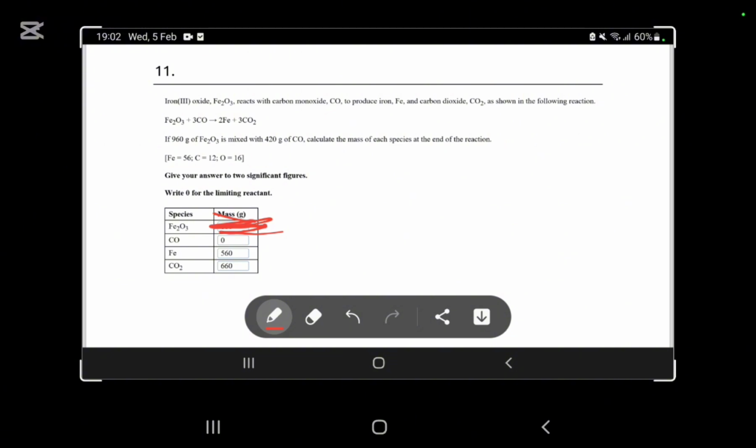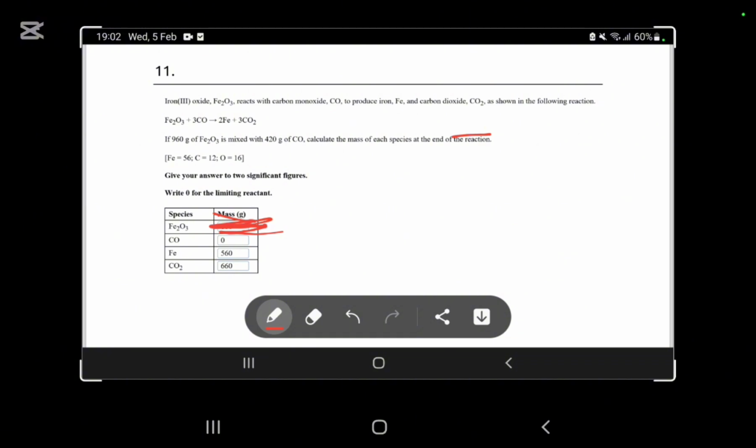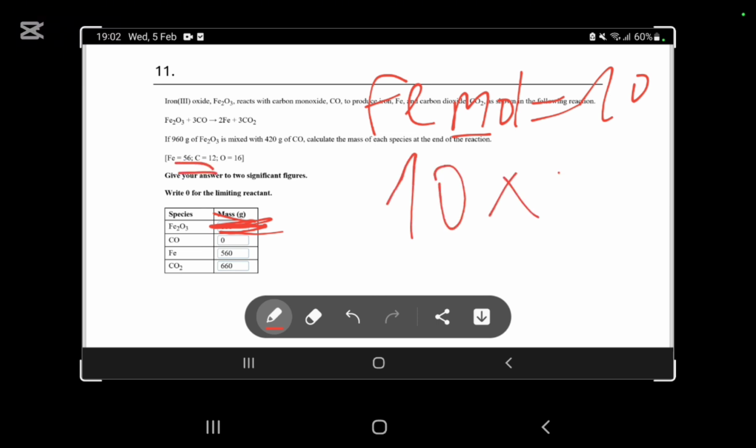Fe, okay, so now remember we had 15 moles for 3, right? So 3 to 15 is equal to 2 to x. We get that x is equal to 10. Fe moles is equal to 10. So now we take the molar mass, which is 56, times the moles, which gives us 560.